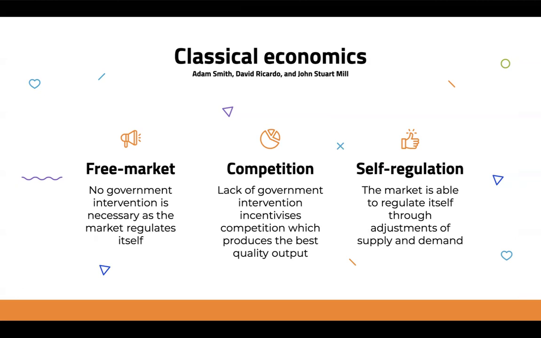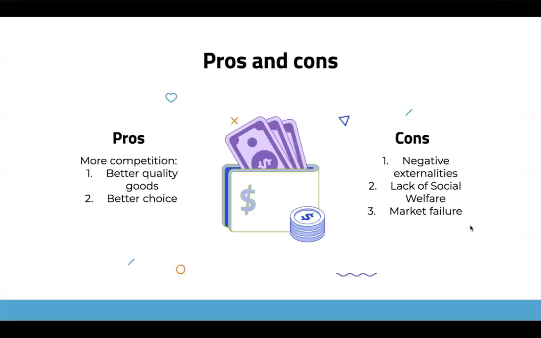According to classical economics, this is likely to create competition, which will produce the best quality of output and the most choice. With the pros and cons, I'm always going to try to introduce a few points that are going to be useful in debates.